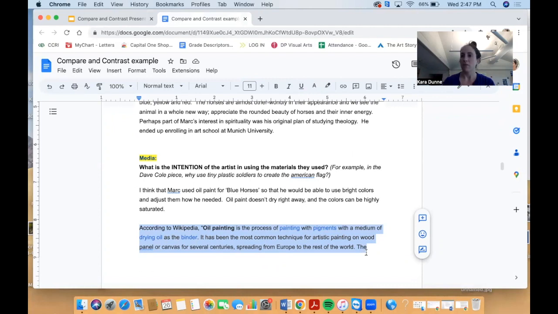If it was an engraving, what is the definition of an engraving so that you have that information in your slide presentation? That's one of 2 very small new things for the slide presentation that you may not have had for the first iteration of this assignment.